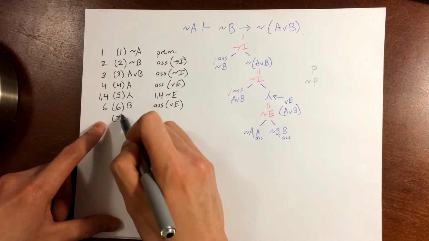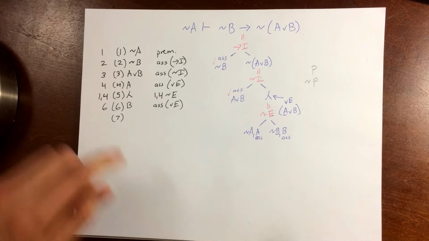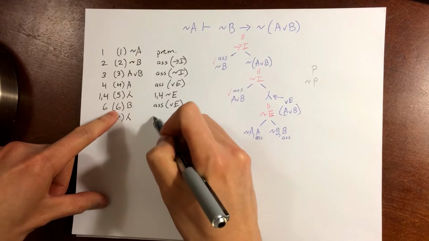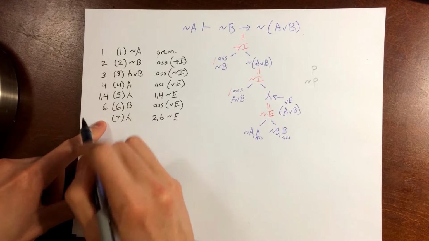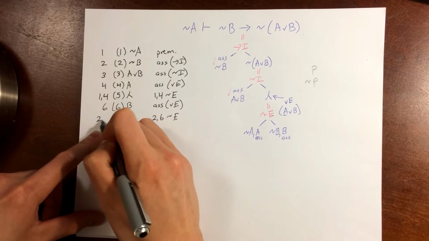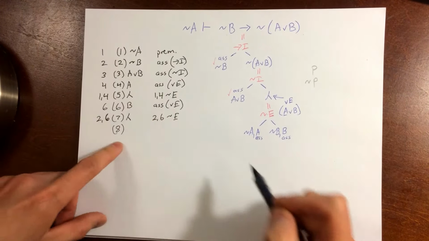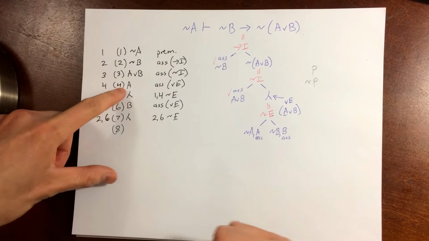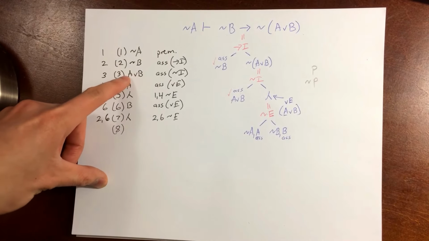Okay, so given that B also creates a contradiction immediately from 2 and 6, that's very useful. On 8 we have the lambda that's been created from either side of the disjunction.